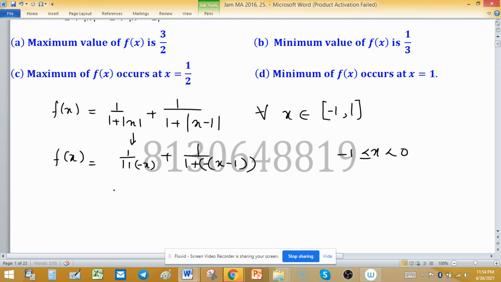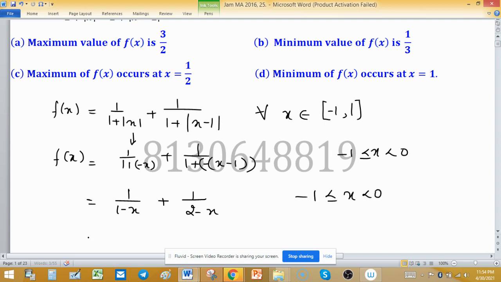So I can write 1/(1-x) + 1/(2-x). This is for negative x.